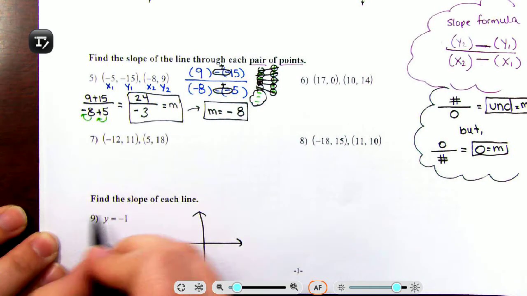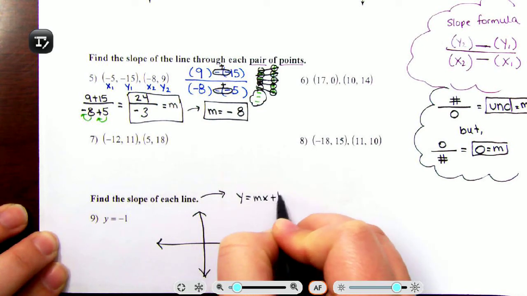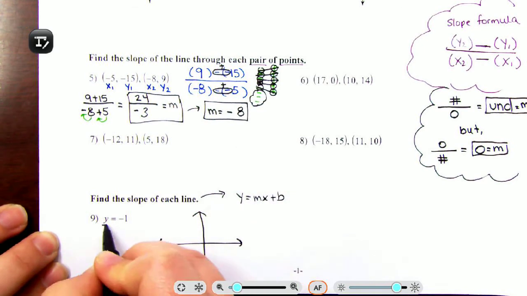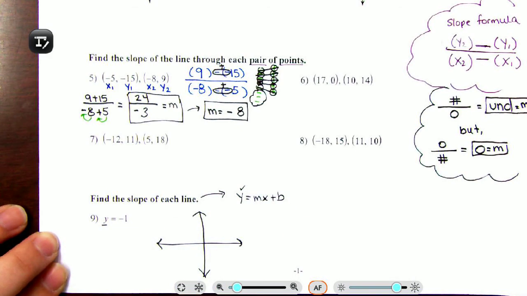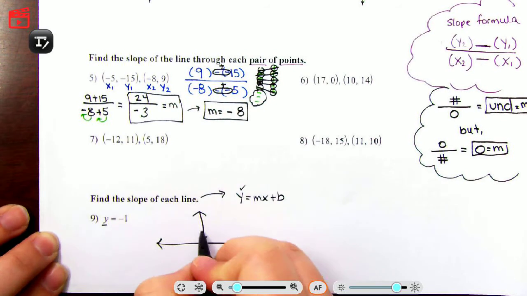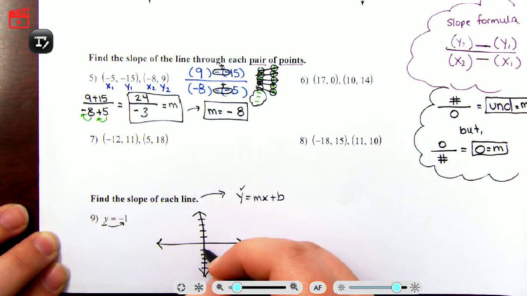But remember, y equals mx plus b. So we have our y, and we have minus 1, but we have no x. So this is where it's weird. Whenever you have y equals a number, just graph it so you can see. So y is negative 1, so find negative 1. There it is.